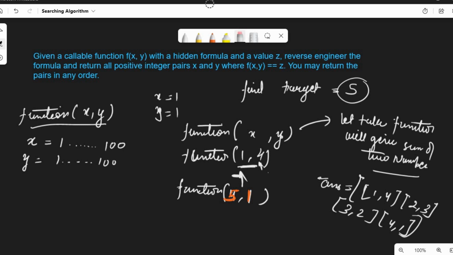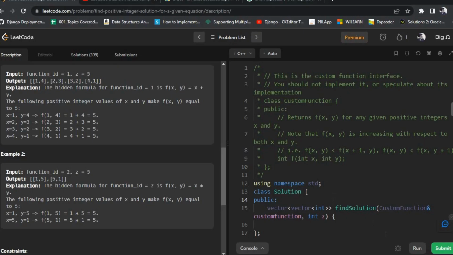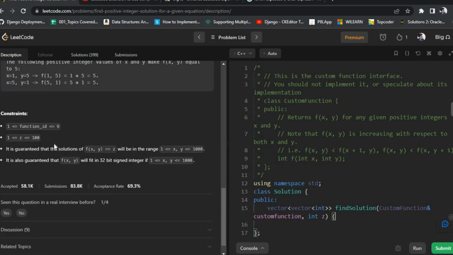Okay, so let's solve this problem using the binary search concept. Here one more thing, there are constraints. Function id should be 1 to 9, that means there are 9 formulas. The answer will be generated between 1 to 1000, and the values of x and y are up to 1000.